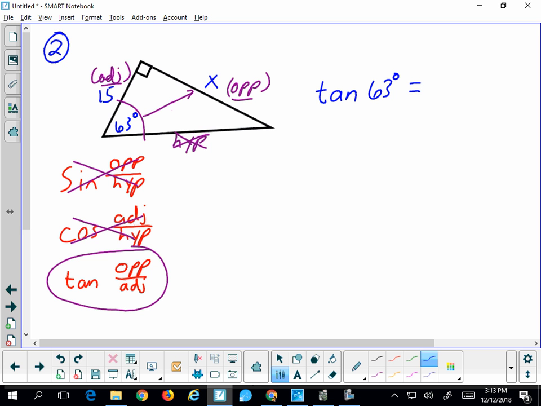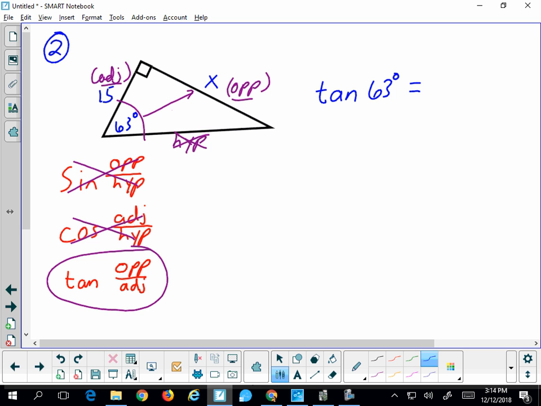Your trig function and your angle measure always go together. No matter which trig function you use, it's immediately followed by an angle measure. Then you put your equal sign.